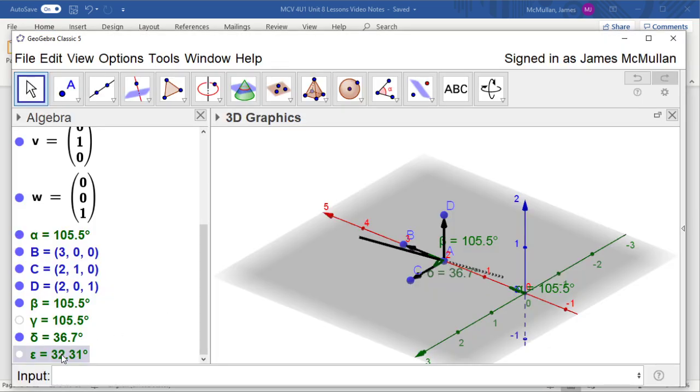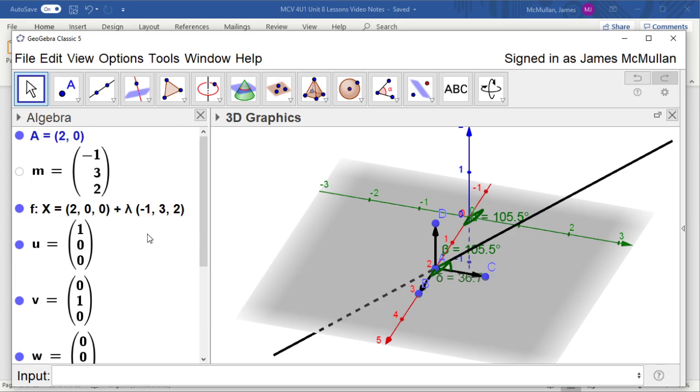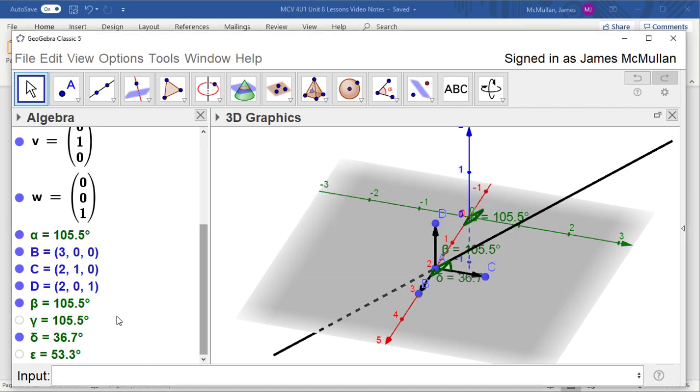Sorry. Oh, inverse sine. I don't know what I'm doing. Inverse cos. Sorry. That was strange.